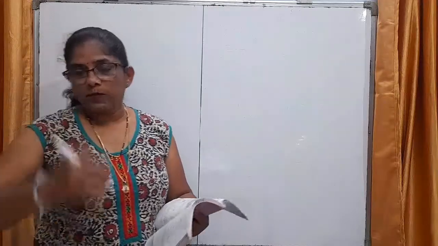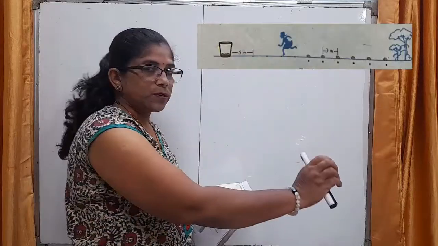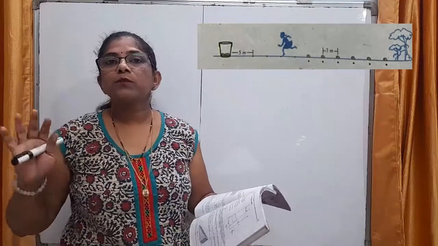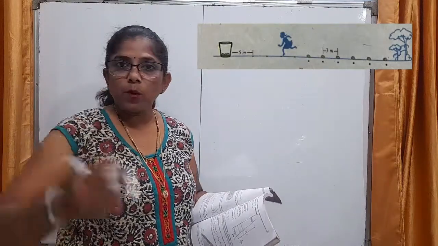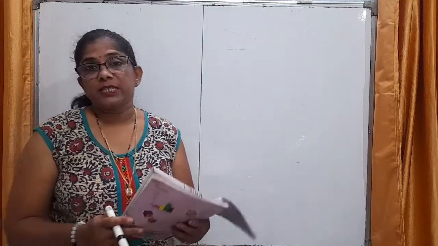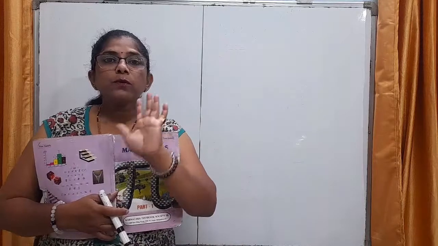So we all know how the potato race is. We have to stand at the starting point, pick up the first potato, put it in the bucket, run to the next potato, come back, put it in the bucket. Like this we have to collect all the potatoes. So to find the total distance, to pick up the first potato, we go up to the first potato and again come back.